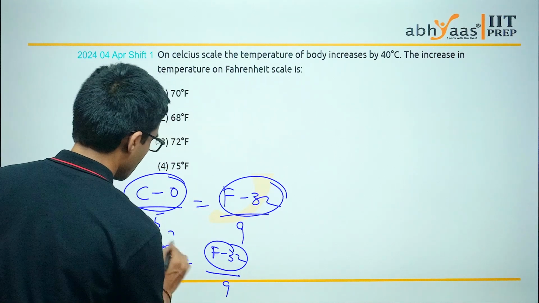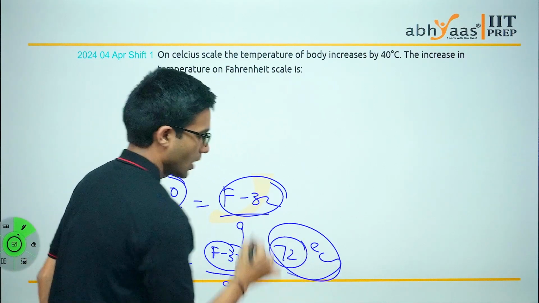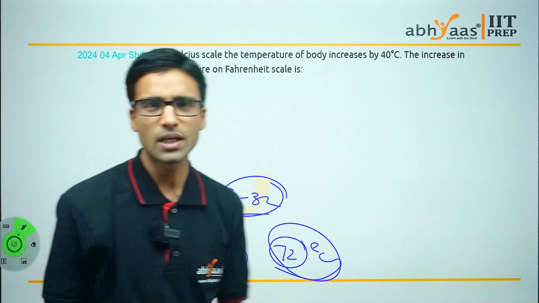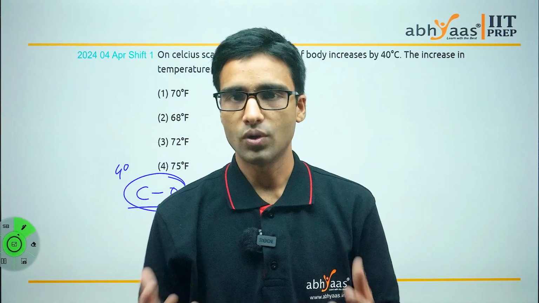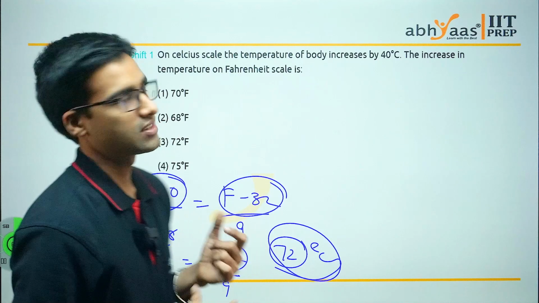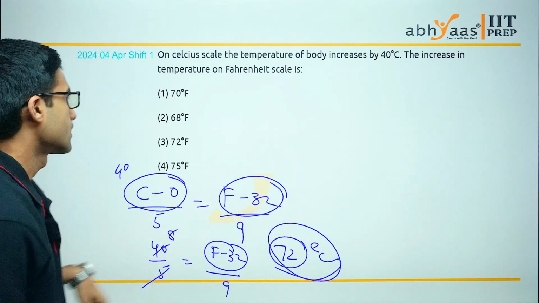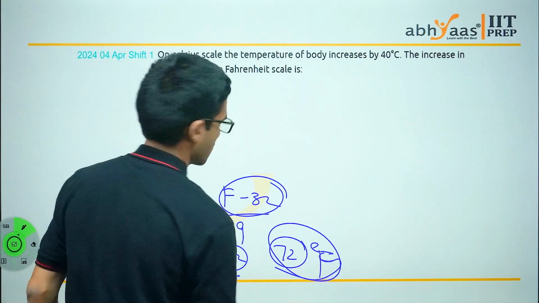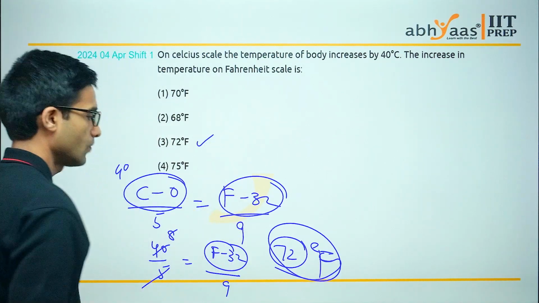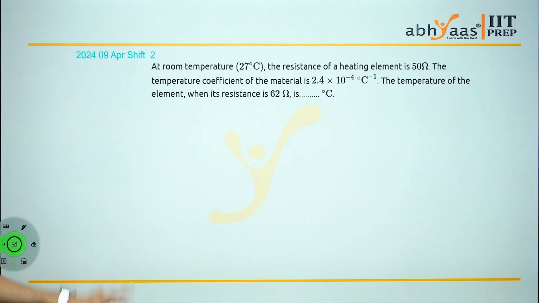So 8 nines is 72 degrees. Hardly 2-3 steps only, a very easy way of solving. The difference in Celsius is given, and the difference in Fahrenheit you need to calculate: 72 degrees Fahrenheit. This is the answer, hardly 2 steps, one of the very easiest questions.